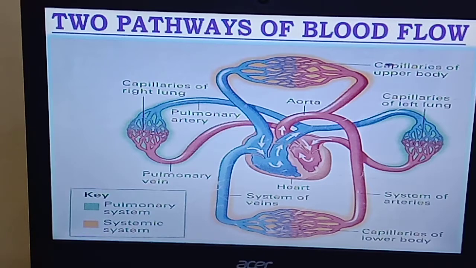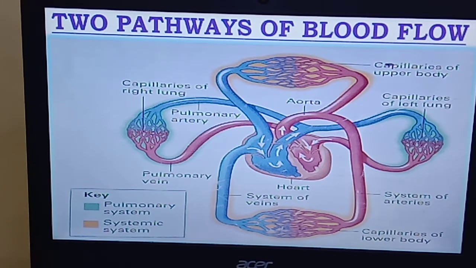So, in the pulmonary circulation, oxygen-depleted blood, anyway, when we say oxygen-depleted blood, it means that the blood contains a small amount of hemoglobin. On the other hand, if we say oxygen-rich blood, it means that the blood has a large amount of hemoglobin.